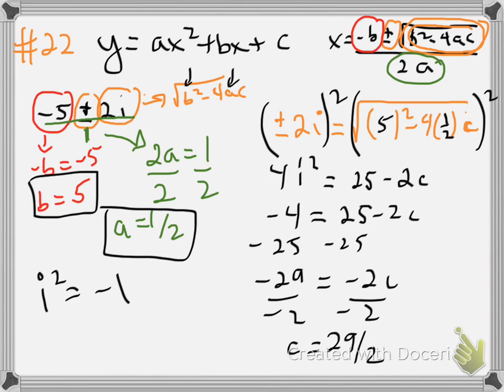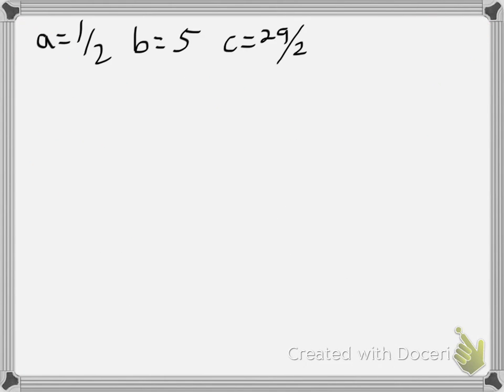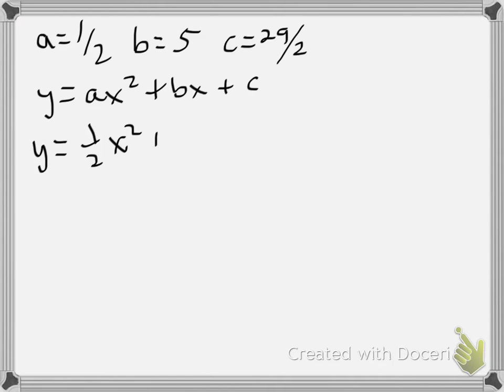I'm going to finish on the rest of the page. But we've got these three values. So I copied those down so I could have more room here. There's what we had. So I'm going to put it into y equals ax squared plus bx plus c. And then I'll just have to rearrange it to get the quadratic. And so I'm going to get a half x squared plus 5x plus 29 over 2. We technically have a quadratic equation.